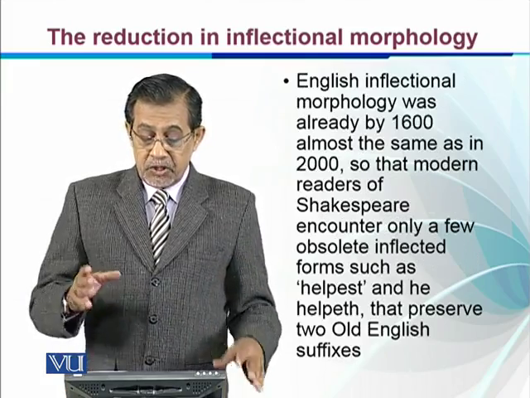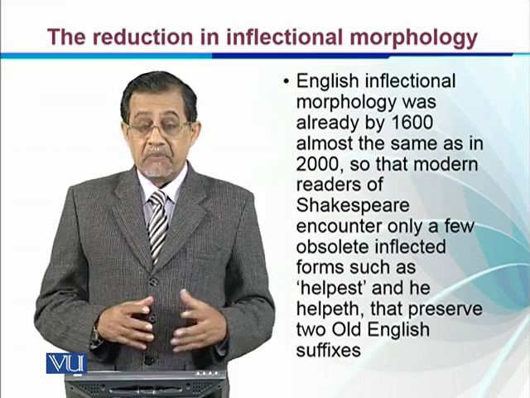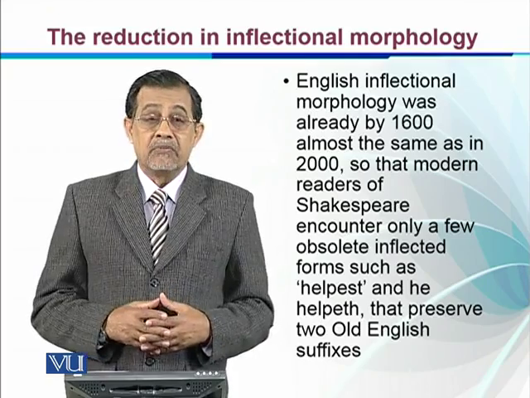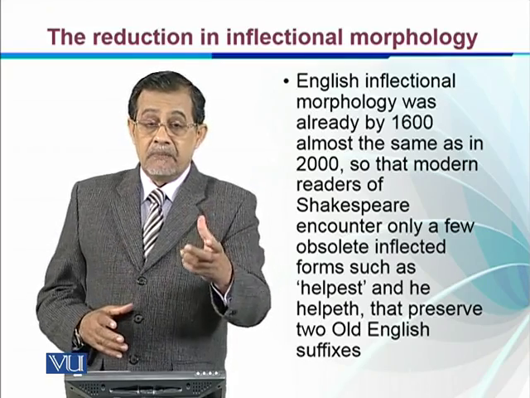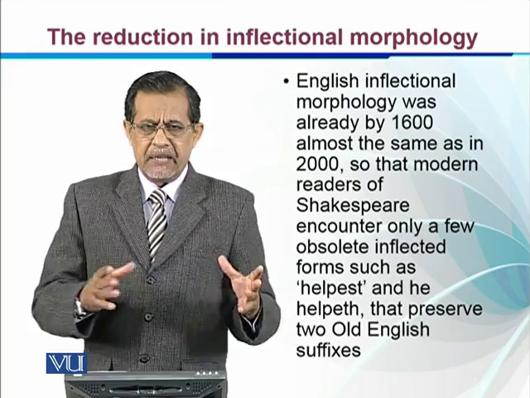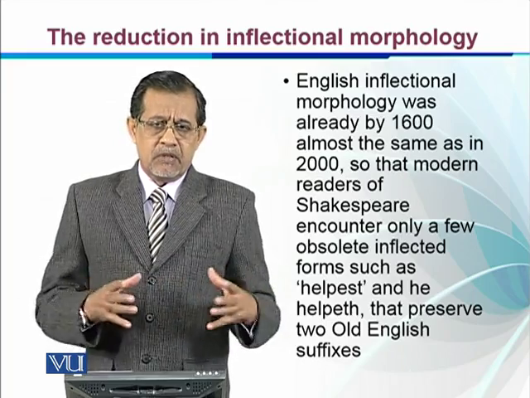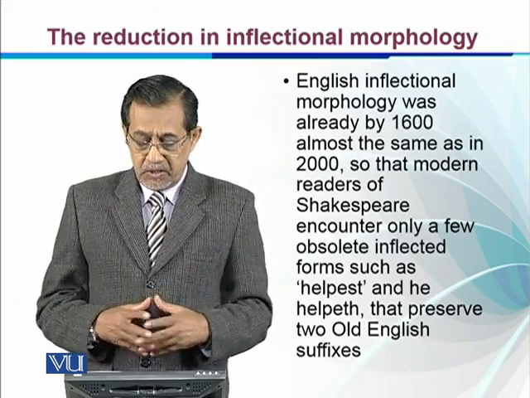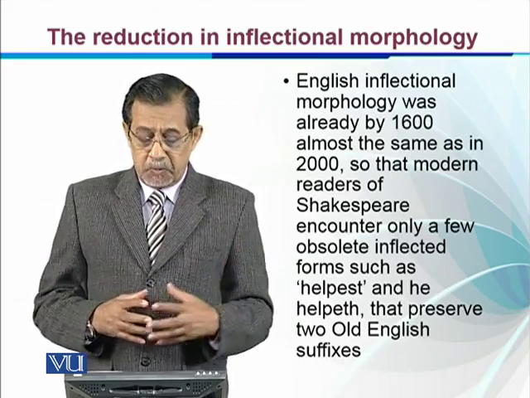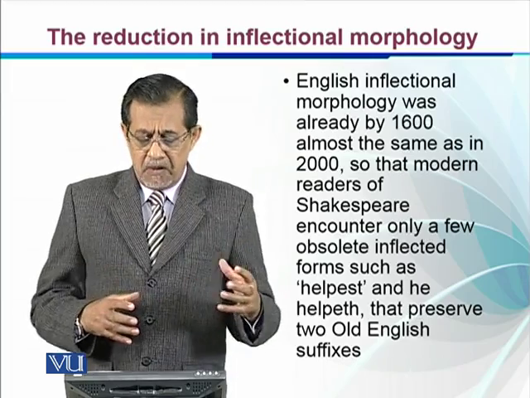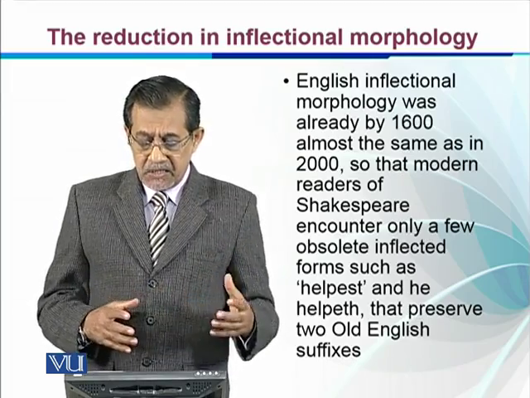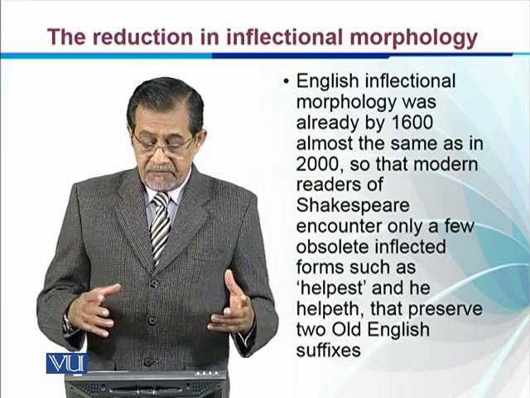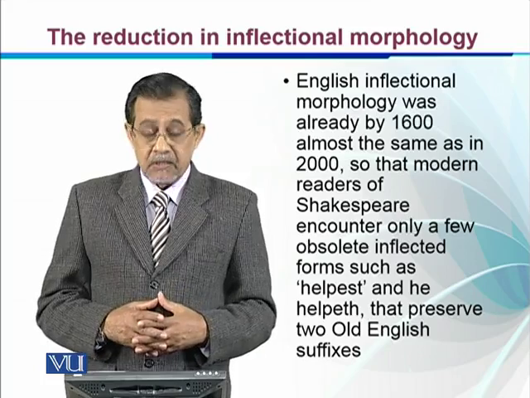Now, English inflectional morphology was already by 1600 almost the same as in 2000. So if we look at the literature of this period, we find that there is not much difference between the language of that period and of present periods, so that modern readers of Shakespeare encounter only a few obsolete inflected forms such as helpest and he helped, that preserve two English suffixes.